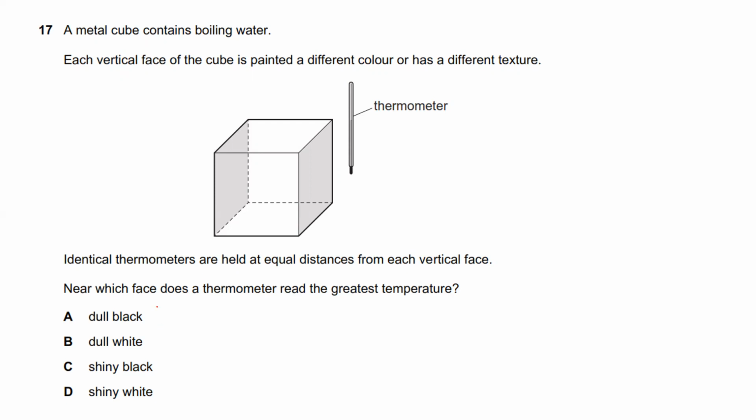So if we compare dull black and shiny black, dull black will absorb more energy and as a result radiates more energy. If a thermometer is placed near a dull black surface compared to a shiny black surface, the dull black surface thermometer will show a higher temperature. So answer A will be the best answer in this situation.